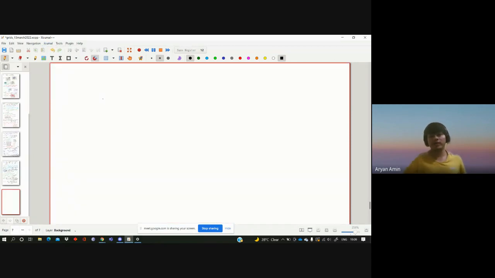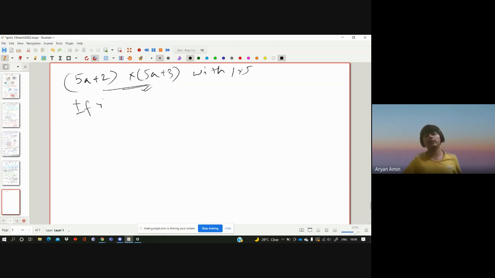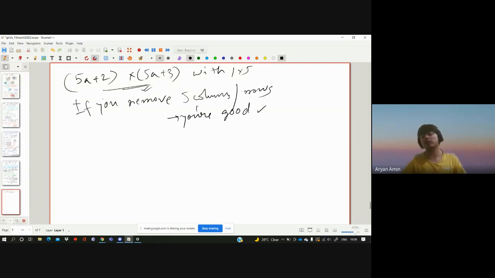So what were we doing again? We were trying to tile 5a plus 2 cross 5b plus 3 with 5 cross 1. Because the multiplication doesn't add up, you cannot have this true, but let's not worry about that. We understood that if you remove 5 columns or 5 rows, if you could do it previously, you can do it now as well.